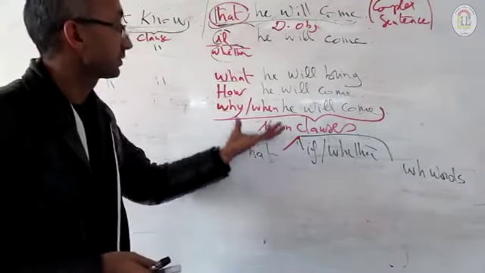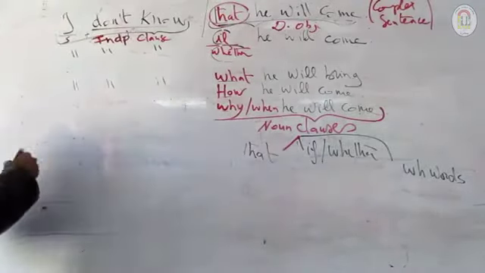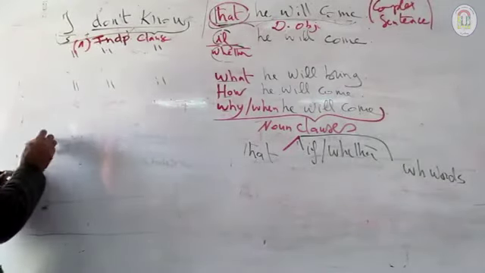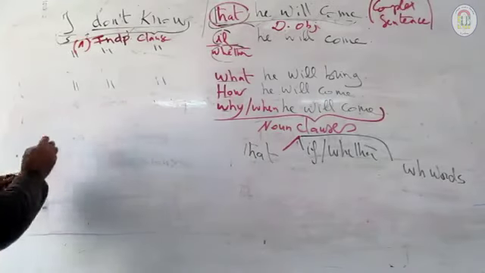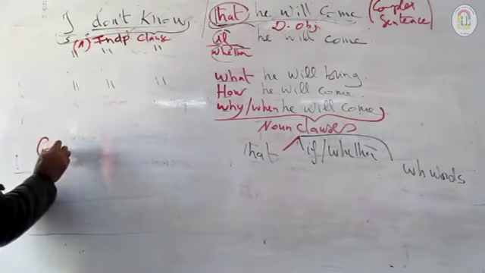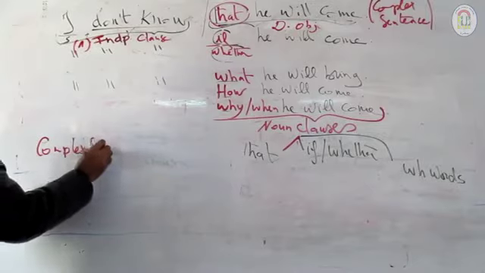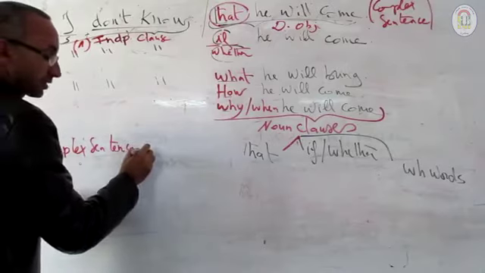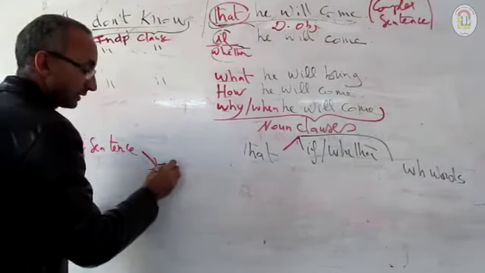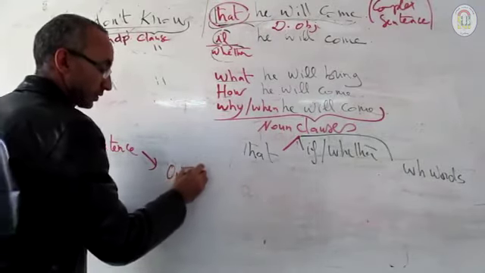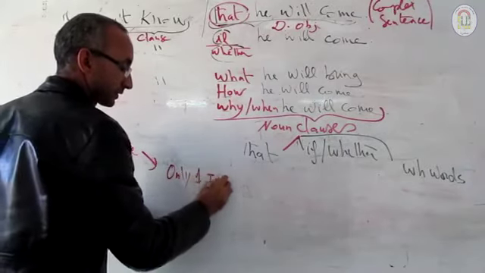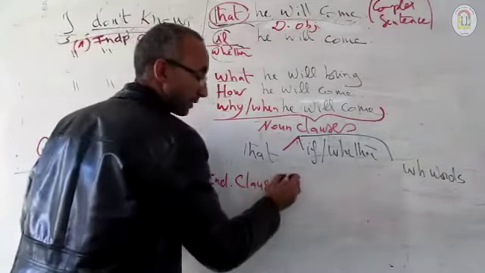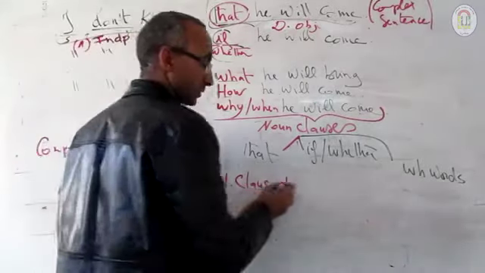So here, I have only one independent clause always in the complex sentence. Complex sentence equals what? Always one independent clause plus what?